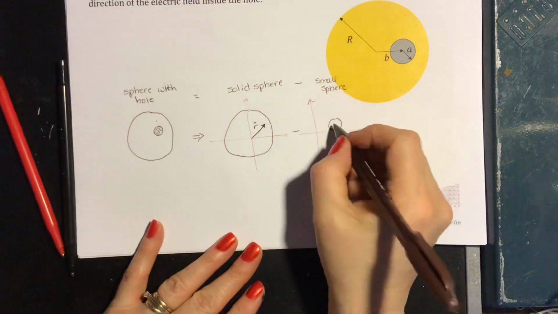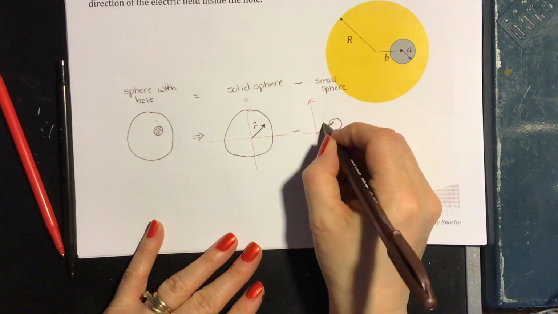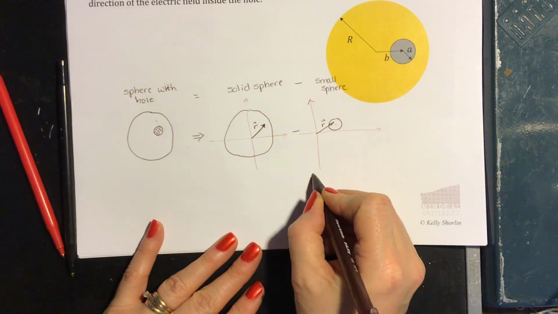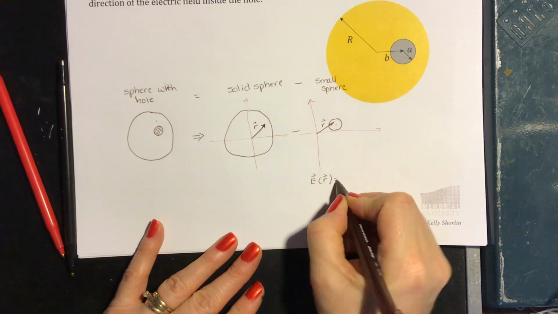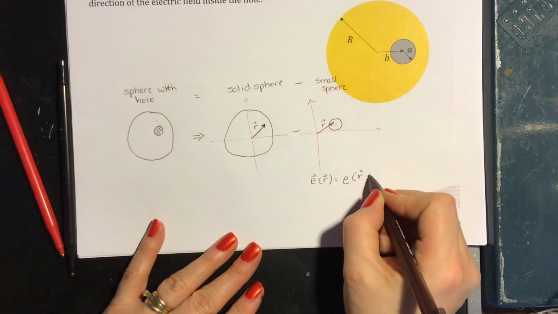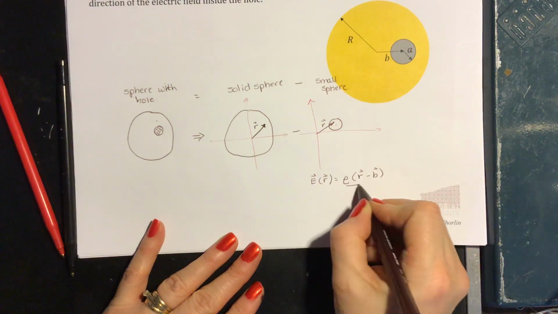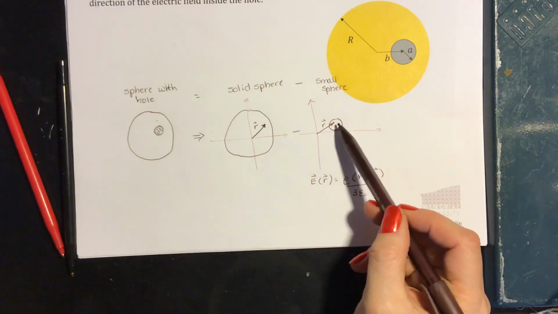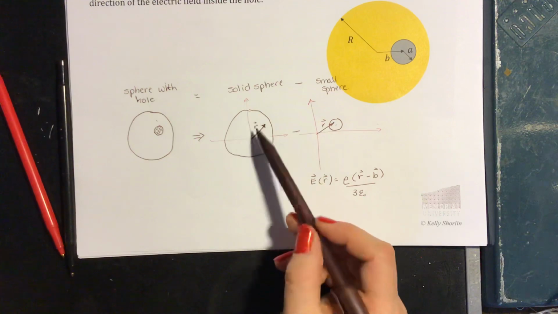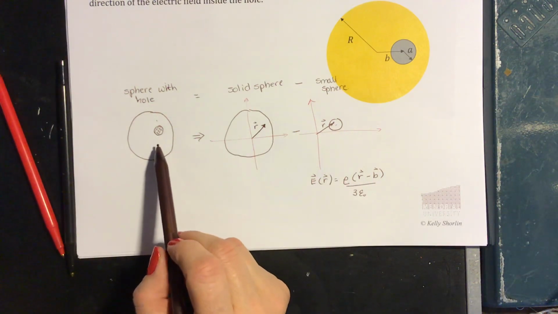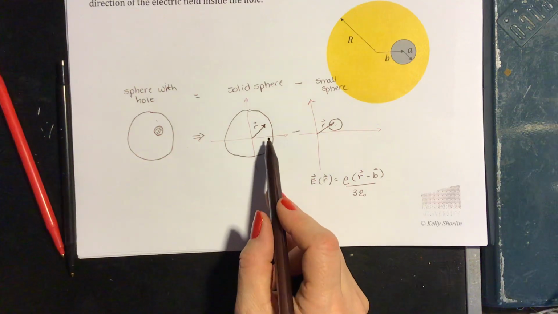So that vector r right there, we know that this one, E of r, is equal to the density times r minus b divided by 3 epsilon naught. So that's the electric field inside that small sphere. Whatever this electric field is, if we subtract this much, we'll get what's left over, which was the problem we were asked for. So let's try and find the electric field inside this solid sphere.